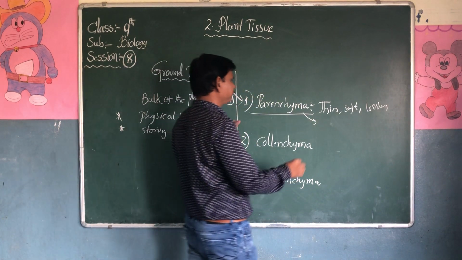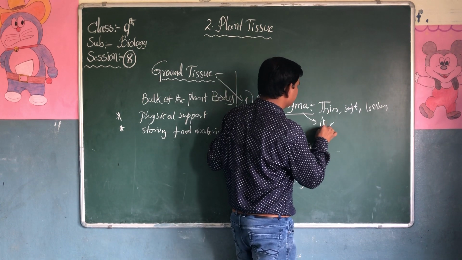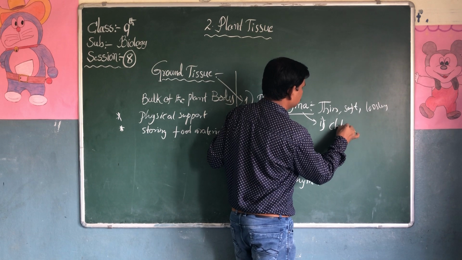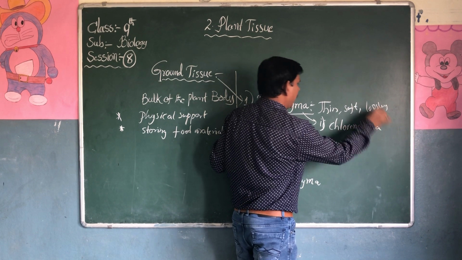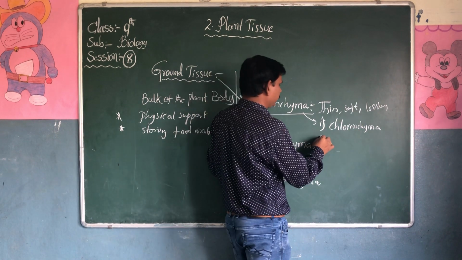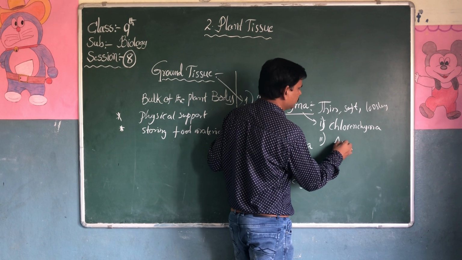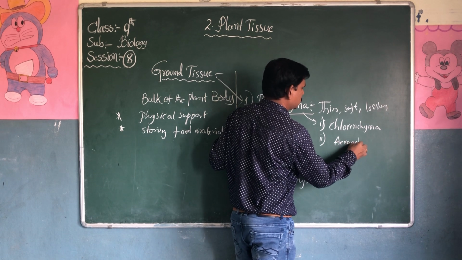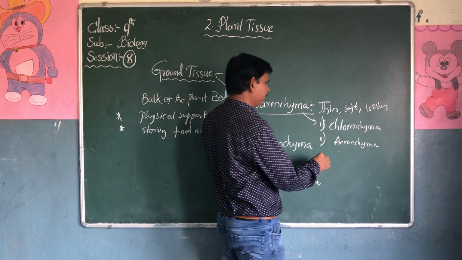One is chlorenchyma. The second one is aerenchyma.